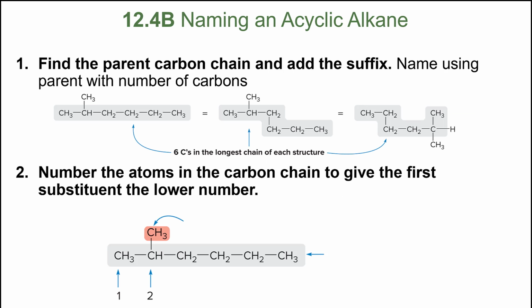When we go to actually name the compound, we have a couple of different rules. The first is to find the parent carbon chain and then add the suffix to that. So we're going to name using the parent with a number of carbons. So if it has 6 carbons in the longest chain, 6 has the hex prefix. Hexane will be the parent for all of these.